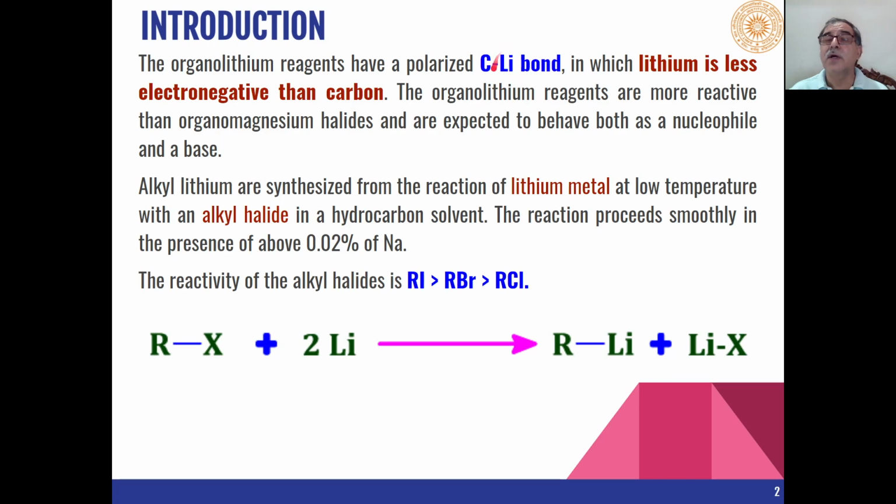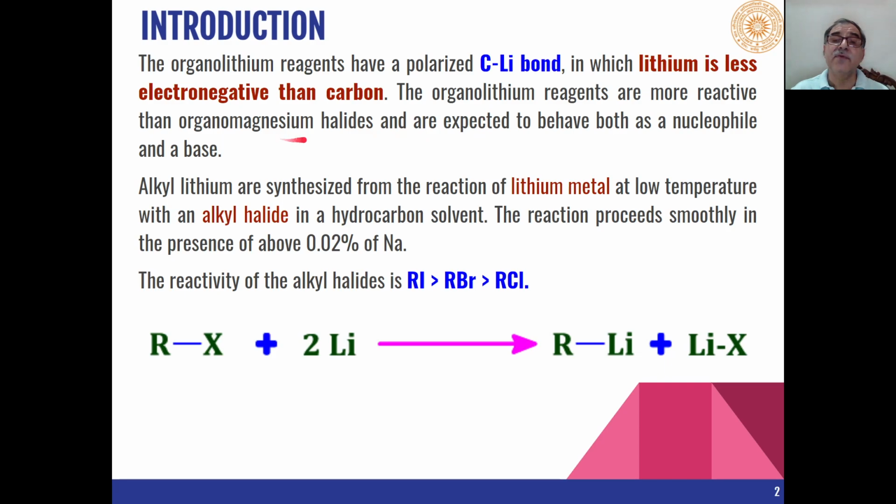So lithium will have a delta positive charge, whereas the carbon will have a delta negative charge, which is generally opposite to what we see in most of the organic halogen compounds, where carbon has a delta positive charge and halogen has a delta negative charge. So in carbon-lithium compounds, lithium is less electronegative than carbon.